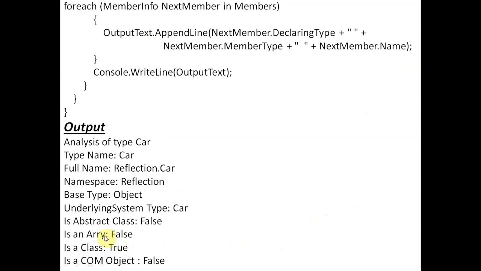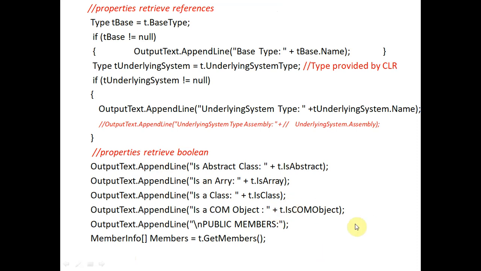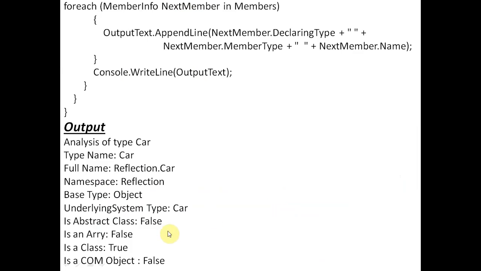Again you can see the output, com object false. No, it's not a com object, a component object model object. Is class, t dot is class? Yes, it is true. You can see here is class true. So it will return true over here.